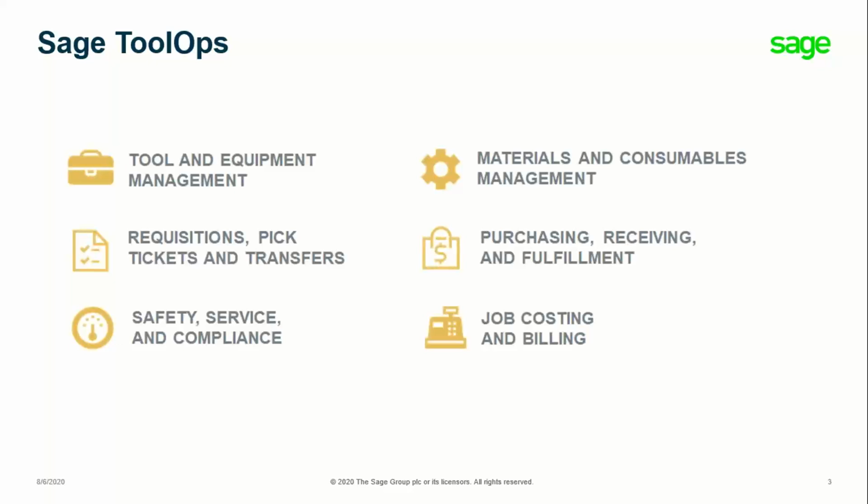Really, this product is designed to manage each one of those items. It can also touch the material and consumable pieces of your business. So if you're warehousing anything, that's part of the ToolOps product.